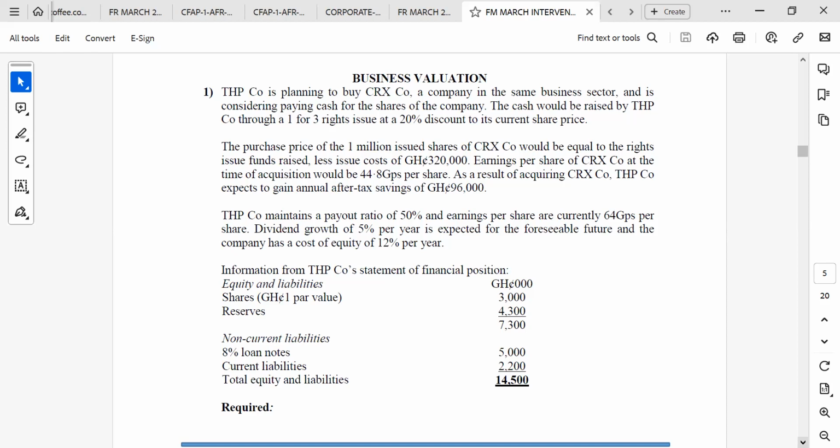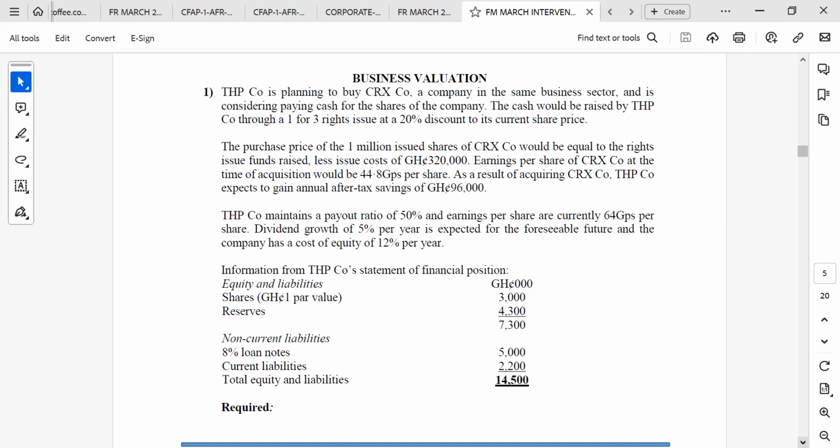The purchase price of the 1 million issued shares of CRX company will be equal to the rights issue funds raised, less issue cost of 320,000 Ghana cedis. Earnings per share of CRX company at the time of acquisition will be 44.8 Ghana pesos per share.